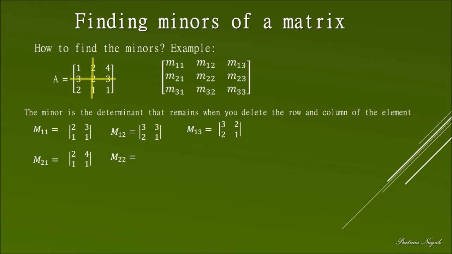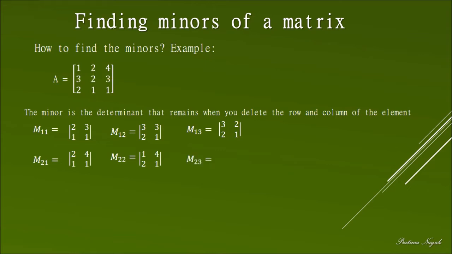So we'll delete row 2, column 2. Actually not deleting, we are hiding. Determinant left is 1 4 2 1. Next M23. Row 2 deleted, column 3 deleted. So what is left? 1 2 2 1.